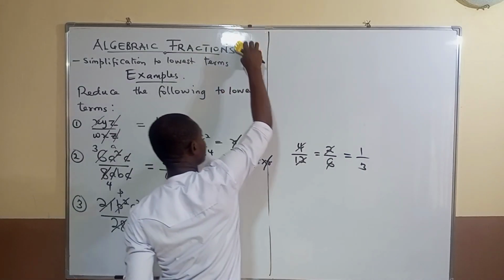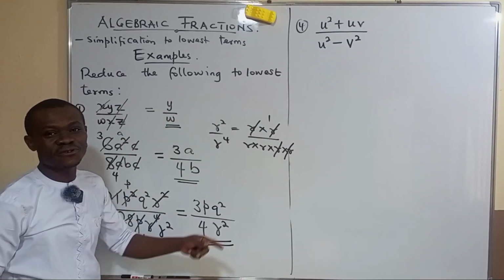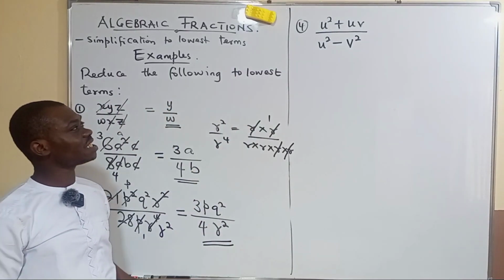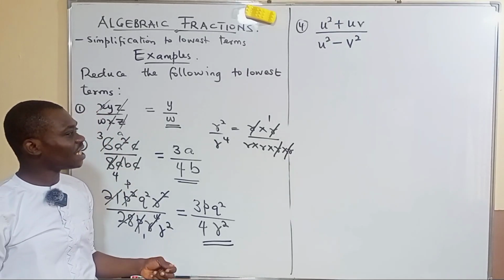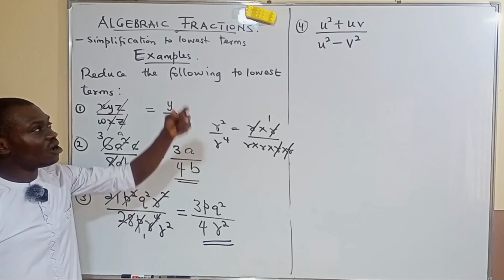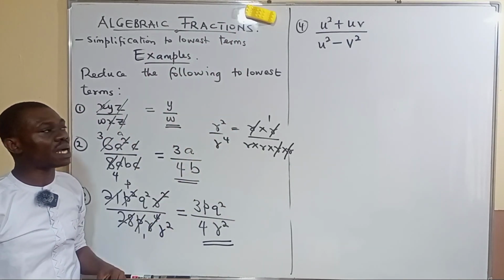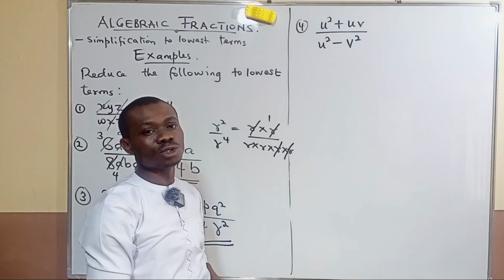All right. So the other example, beautiful. How do you simplify this into its lowest form? Remember, like we said, you are looking for the common factors of the numerator and the denominator so you can cancel them out. So what do you do here?